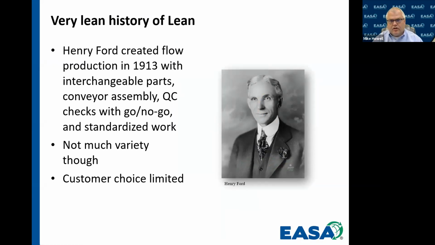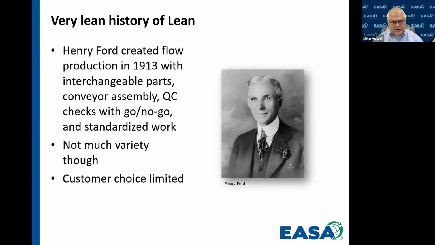So just to start out with a little history of lean and where that's come from and how we got where we are. Back in the early 1900s, Henry Ford's credited with the first production line with interchangeable parts, first moving assembly line, incorporating things like conveyors, QC checks, go-no-go gauges, and standardized work.